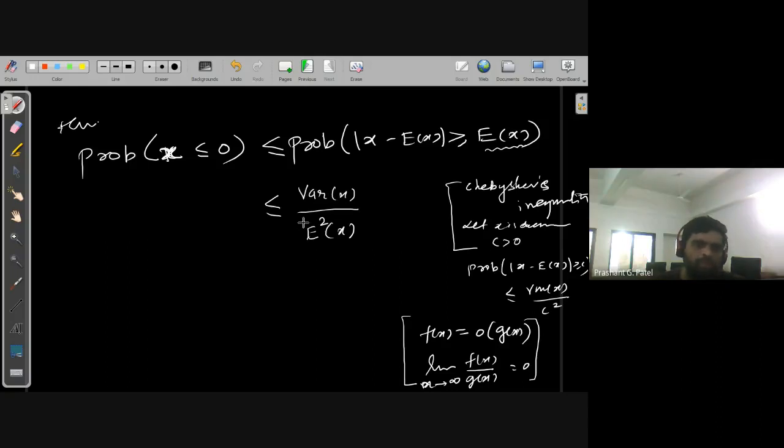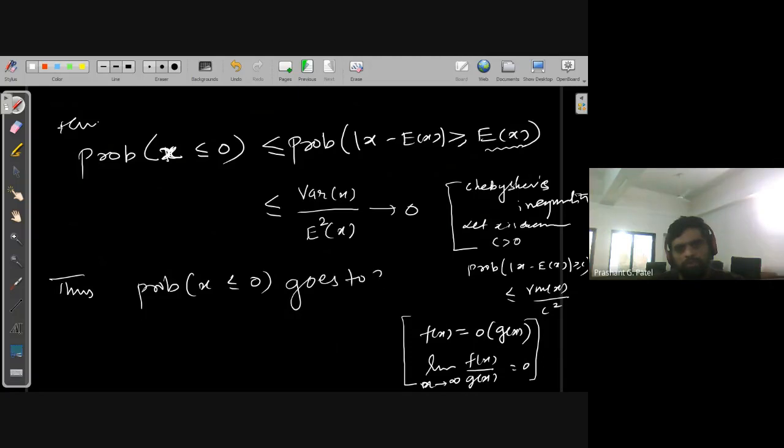That means the variance of X upon E square X will tend to 0. Thus what we can say is the probability of X less than or equal to 0 goes to 0 if the variance of X is equal to small o of E square X. If we have this situation, then we can say that the probability of X less than or equal to 0 goes to 0, and this is known as the second moment method.